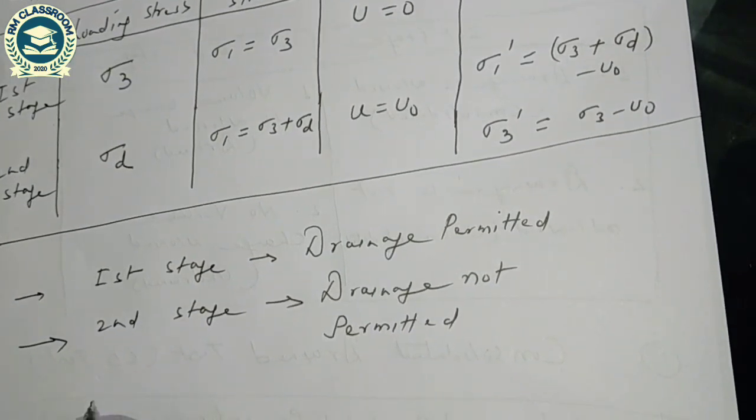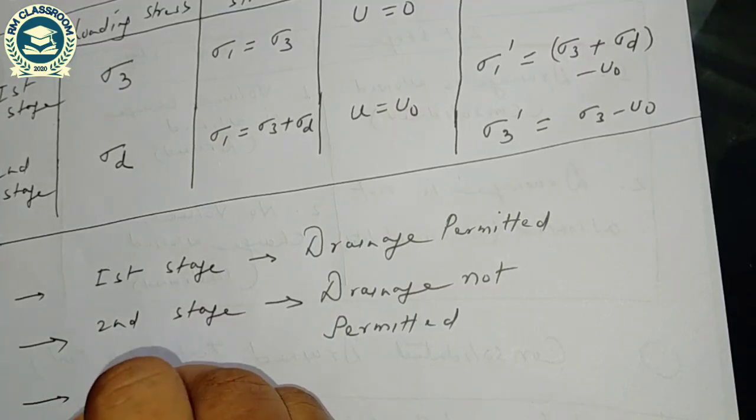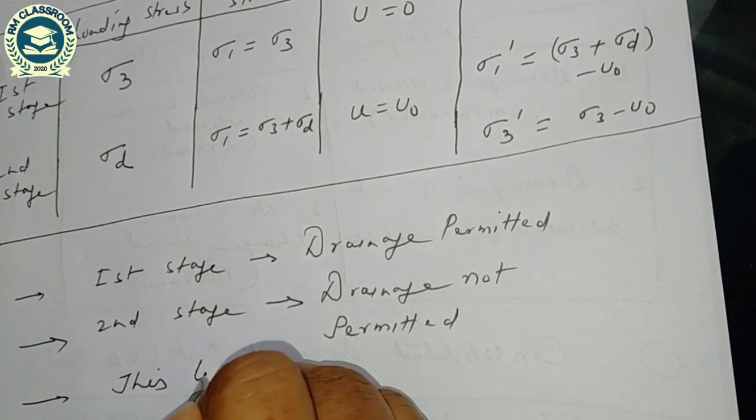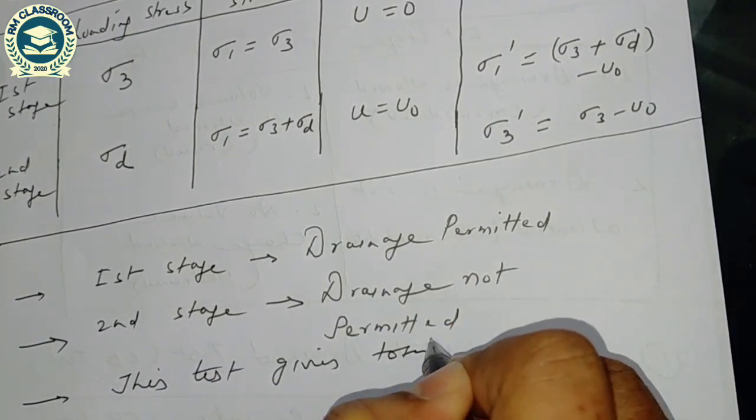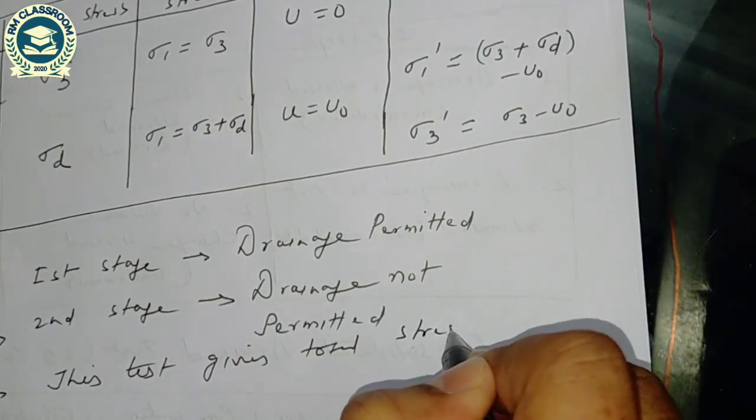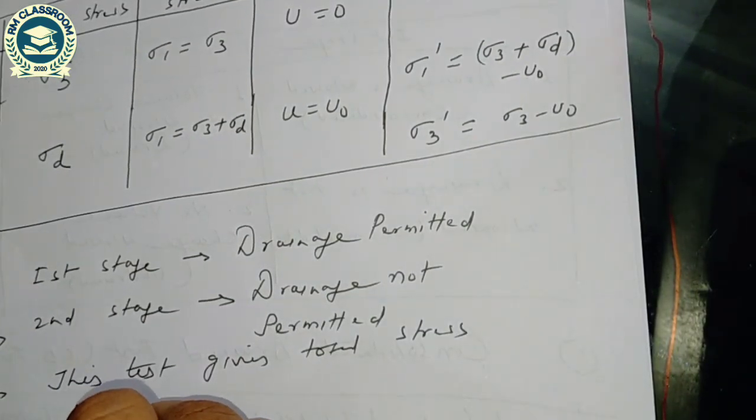And this test gives total stress parameter, because unless drainage is permitted, stress does not become effective. So this test gives total stress parameter.